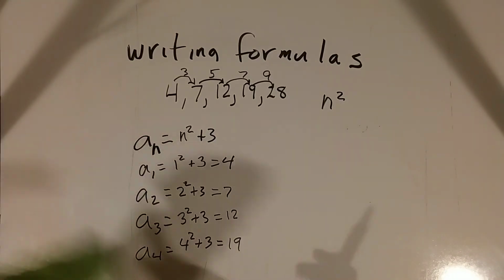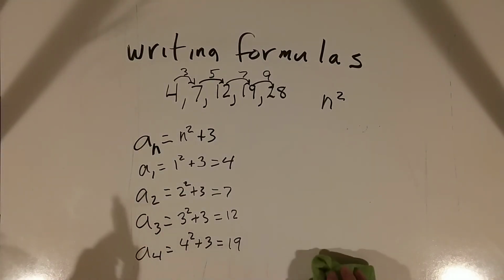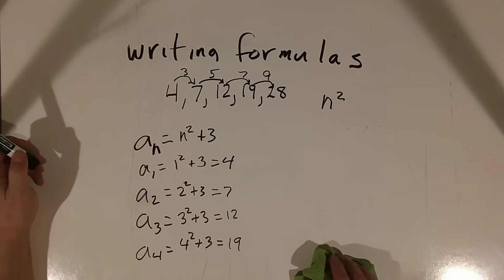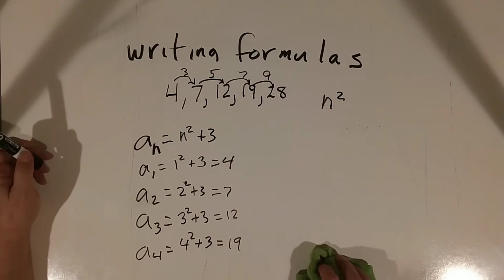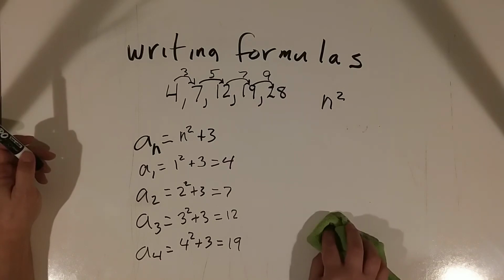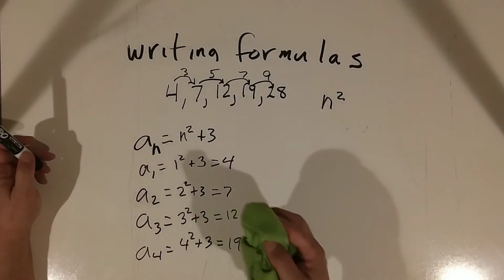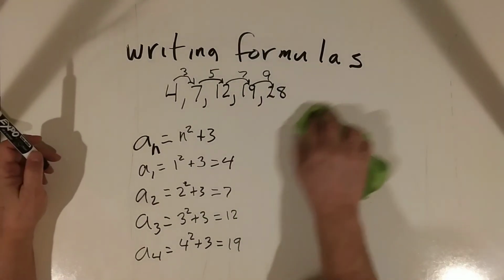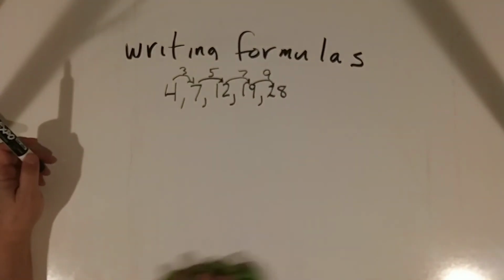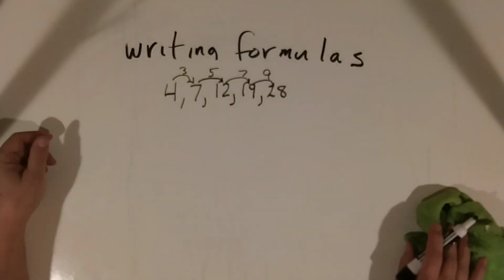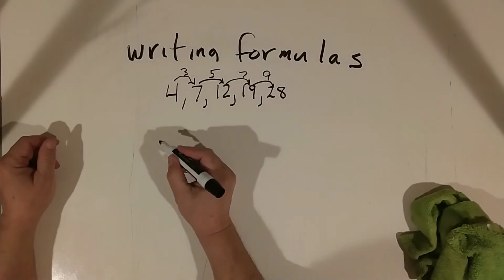There are other types of formulas that are very difficult to manage. Let's see if we can write a recursive formula for this one, and then we'll leave writing other formulas for later.